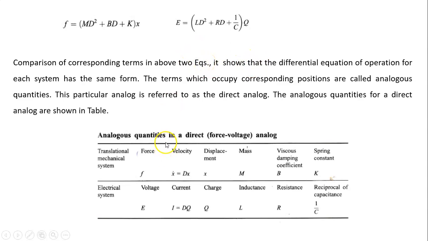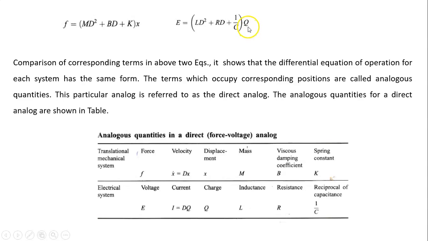Analogous quantities in a direct, that is force voltage analog. Force is equivalent to voltage. Velocity x dot, which is equal to dx, is equal to current I is equal to dq. Displacement x is equal to charge q.